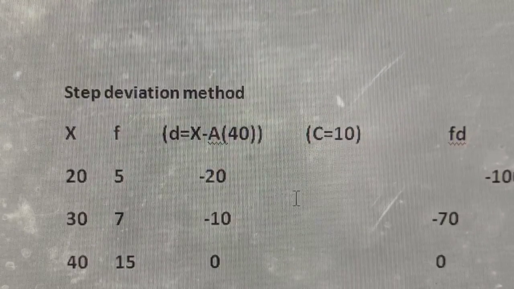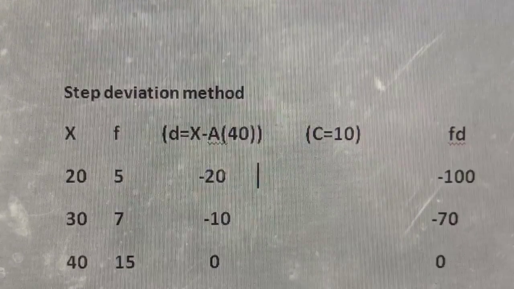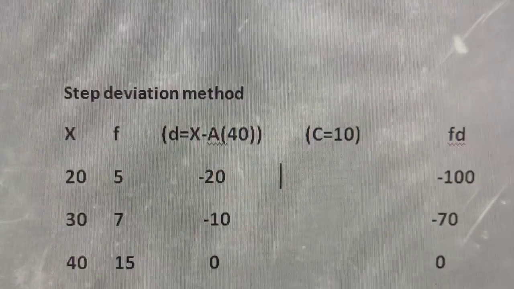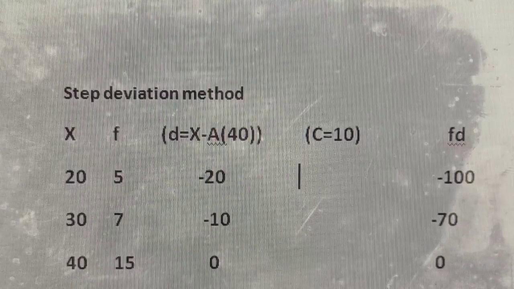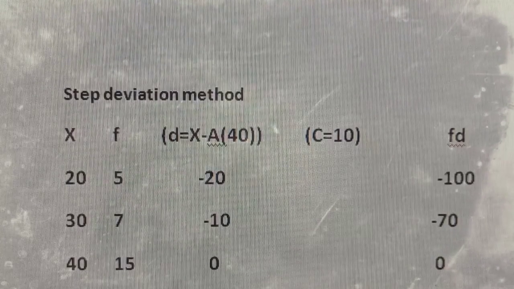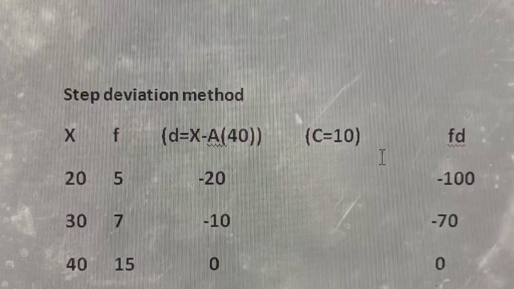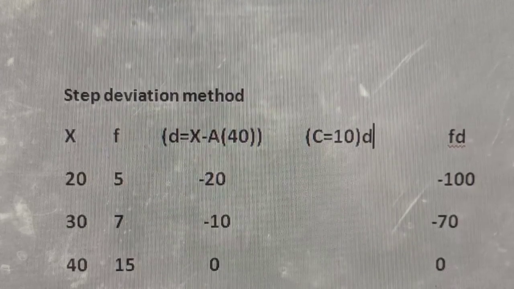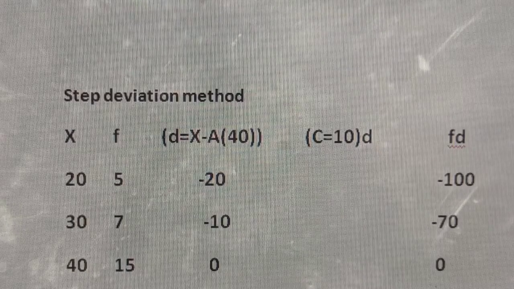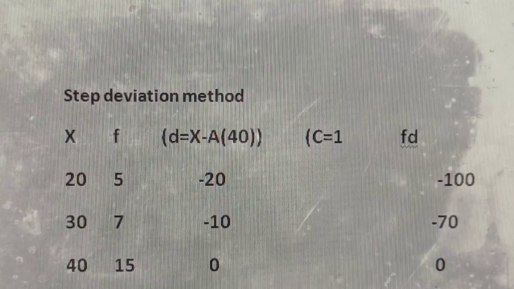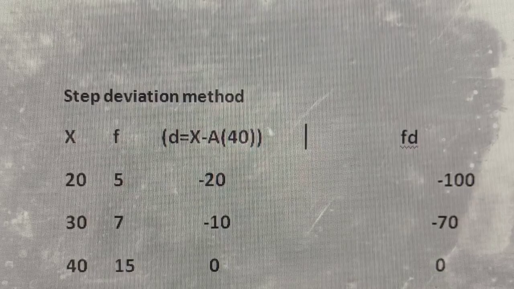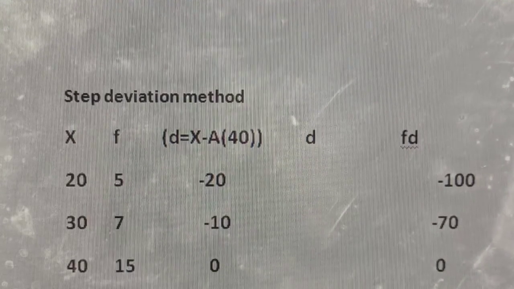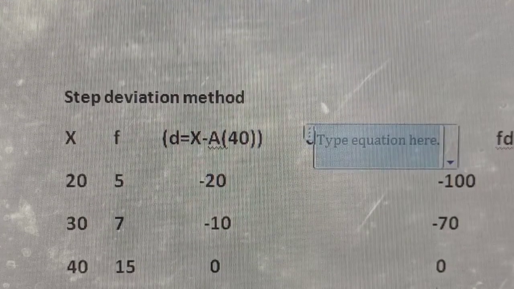So when we get 10 here, it means C equal to 10. So the formula here comes with C equal to 10. How will we find D dash? This is the formula here, D dash.